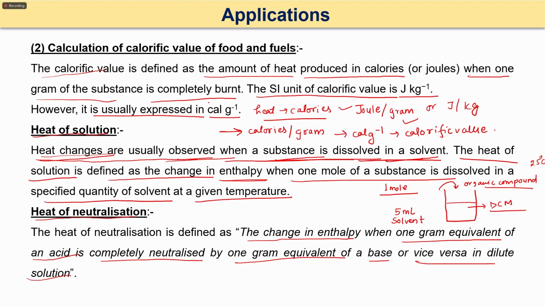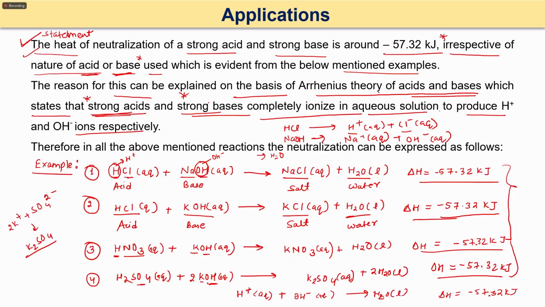Then we studied the heat of solution, and after that the heat of neutralization. In this case, an important statement was that the heat of neutralization of a strong acid and a strong base is minus 57.32 kilojoules, irrespective of the nature of the acid and base. But it is important that the acid and base are both strong.